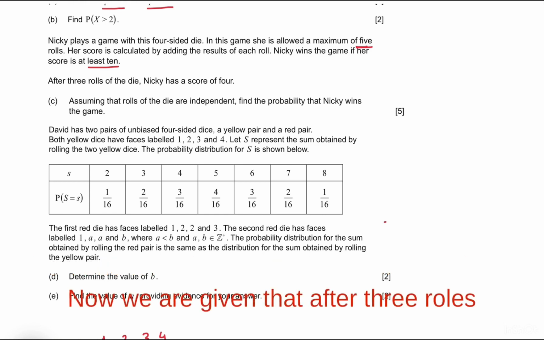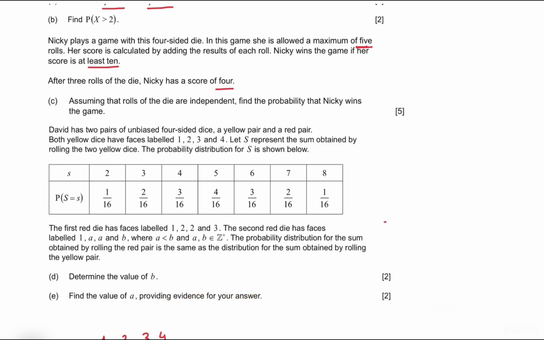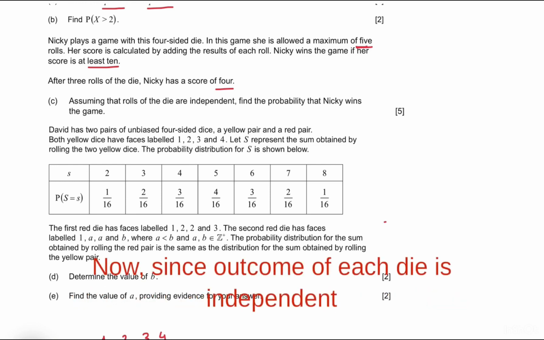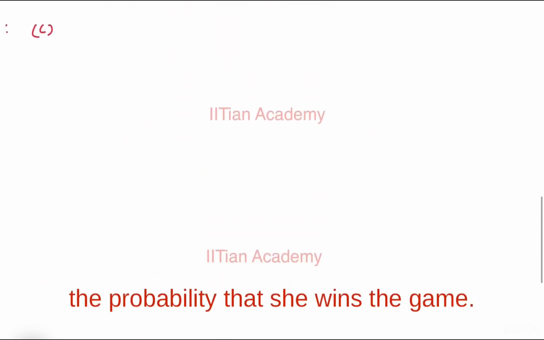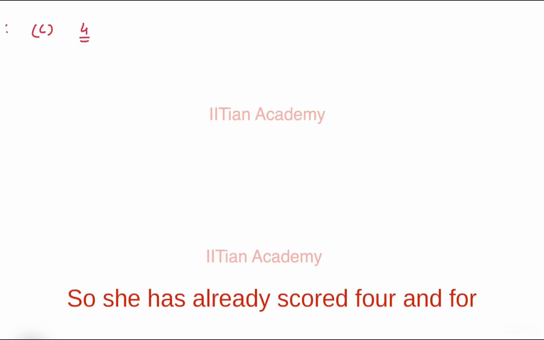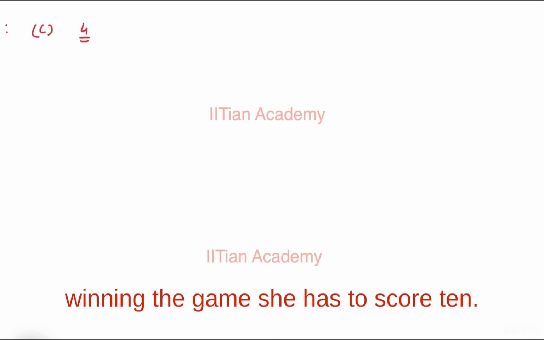Now, we are given that after 3 rolls of the die, she has already scored 4. Since the outcome of each die roll is independent of the previous outcome, we have to find the probability that she wins the game. So she has already scored 4, and for winning the game she has to score 10.